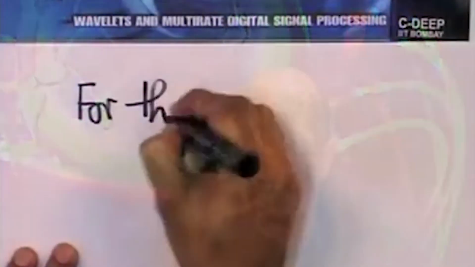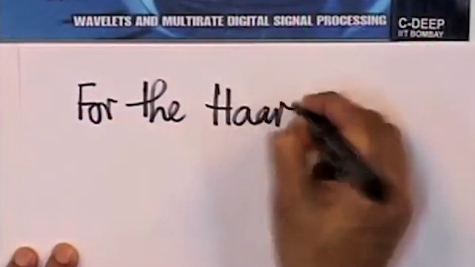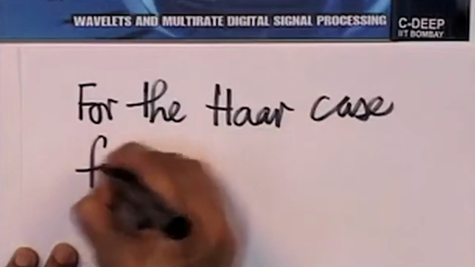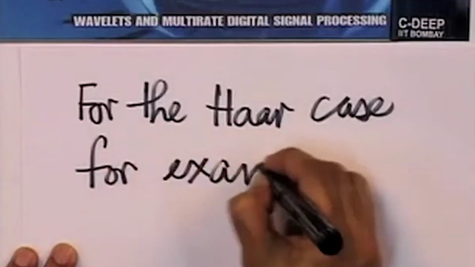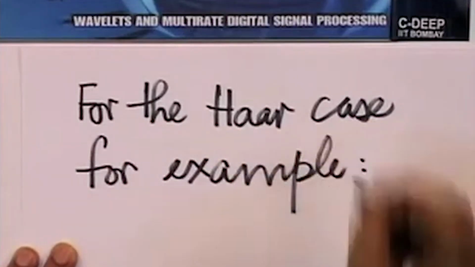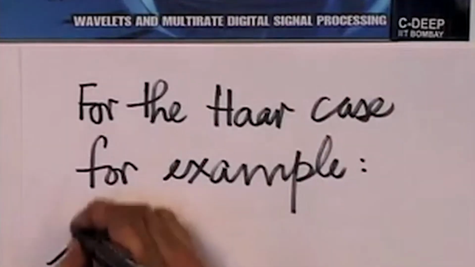Now, when you multiply two Fourier transforms, the corresponding continuous functions are convolved. So, essentially you may think of h of t here, so to speak, for the Haar case, h of t looks like this.